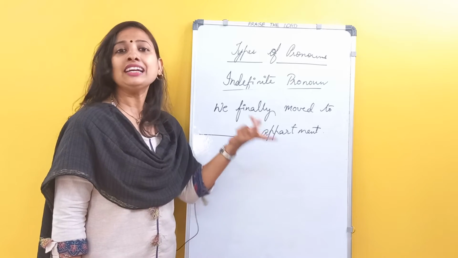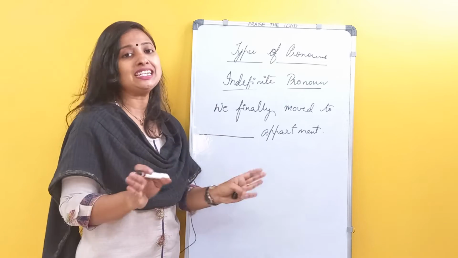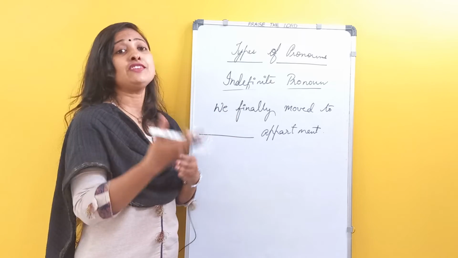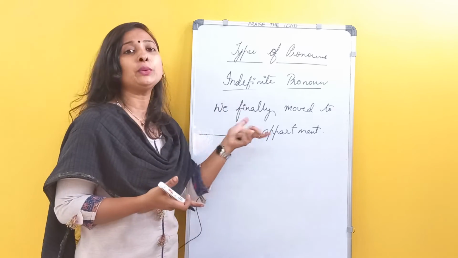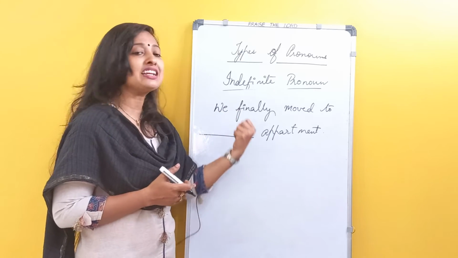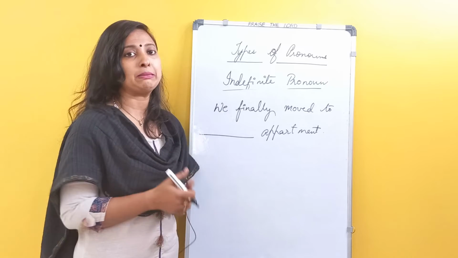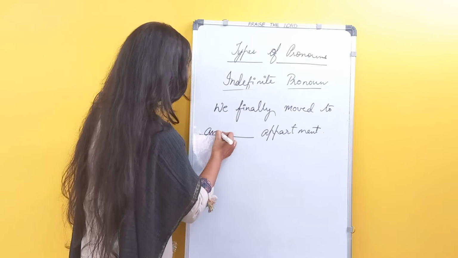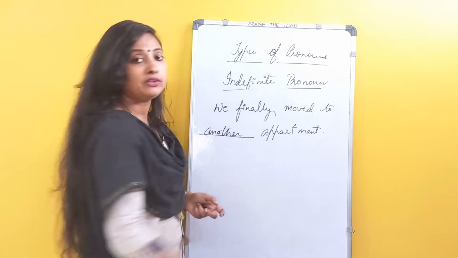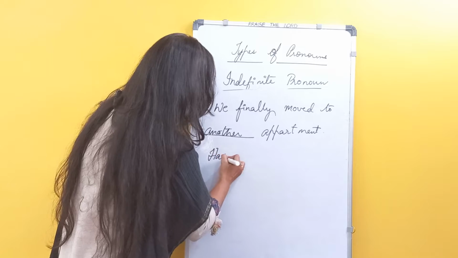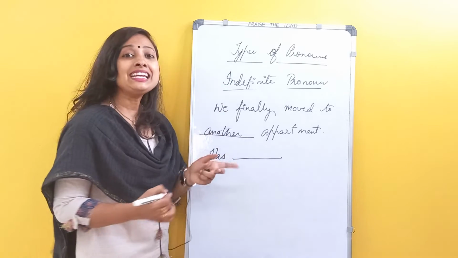But a new is not indefinite. If you are supposed to fill it with an indefinite pronoun, then you should say we finally moved to another apartment. Right? So, has dash seen my pen?